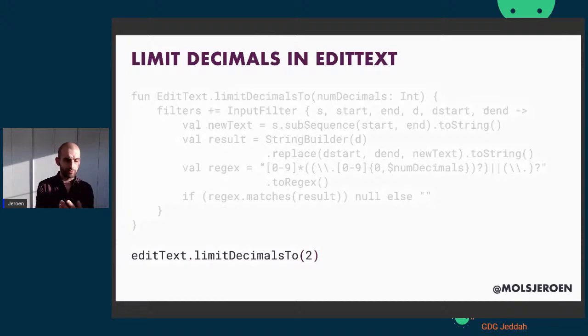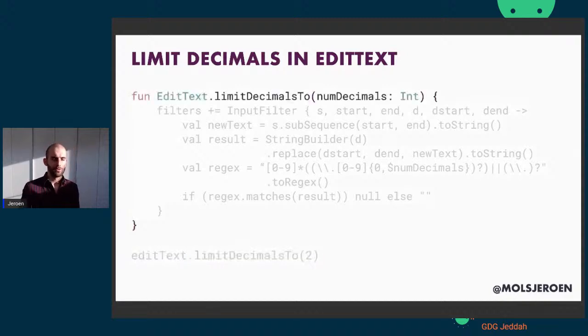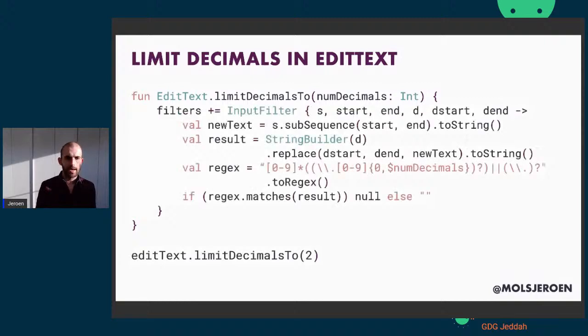So I wanted to have a function that just says on an EditText, hey, from now on, I only want you to accept this amount of decimals. So for money, it would be 2 decimals. And we can actually do that. We can create our own extension function on EditText, which then takes a parameter for how many decimals we would like to accept. And then in there, that's quite complicated just because of the API.